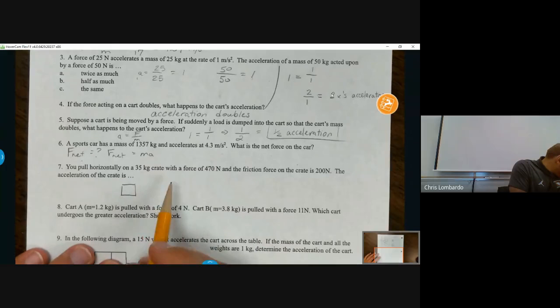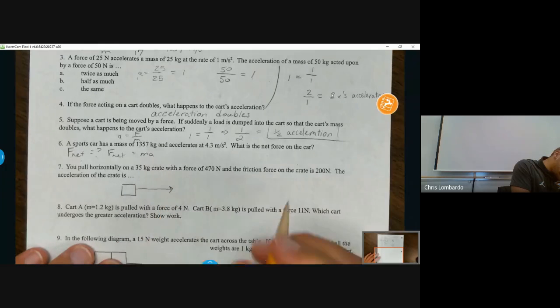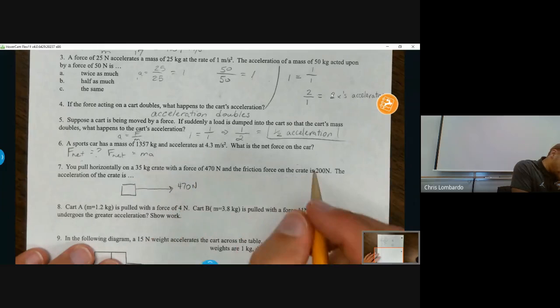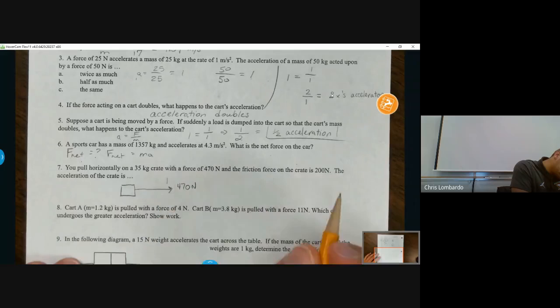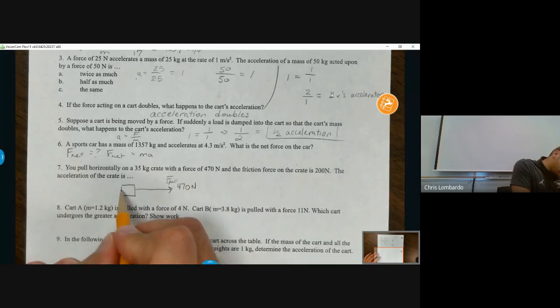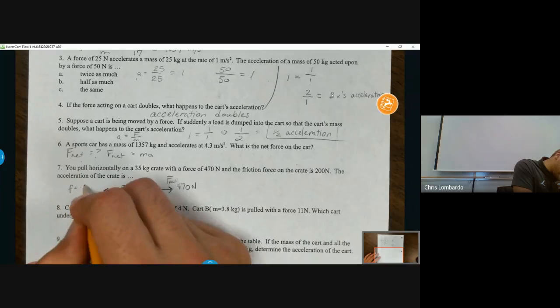So if the force is being pulled with 470 newtons, all right, that's the pull force. It is encountering 200 newtons worth of friction. Friction is little f.